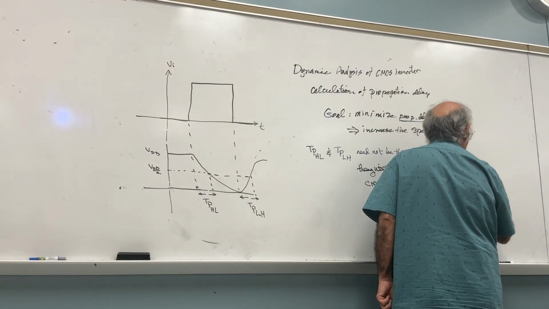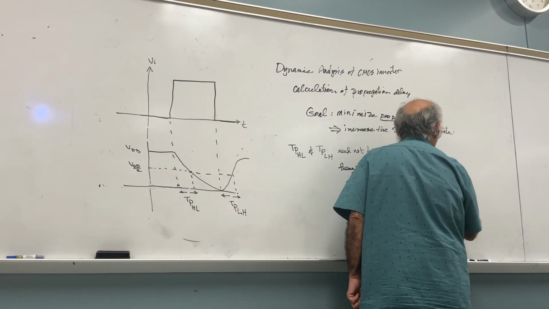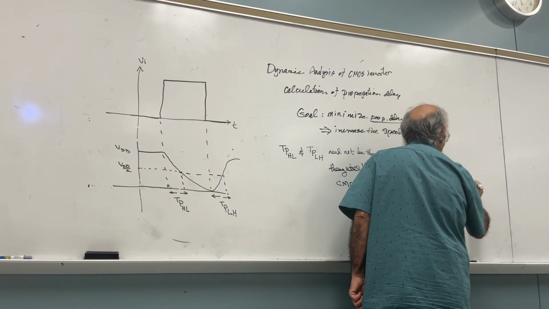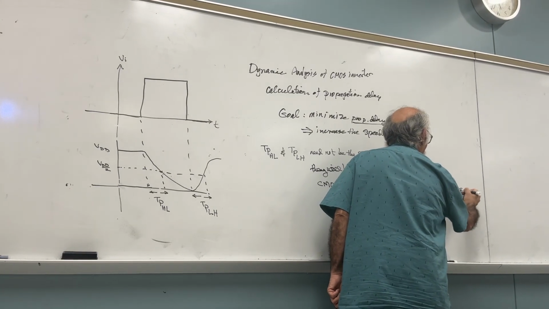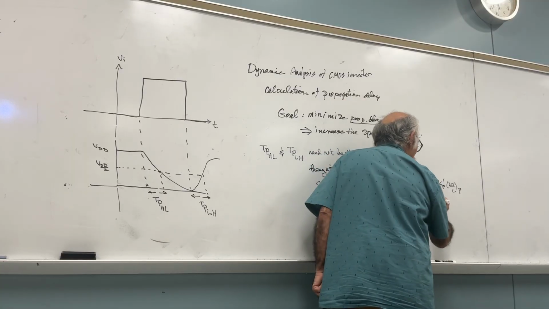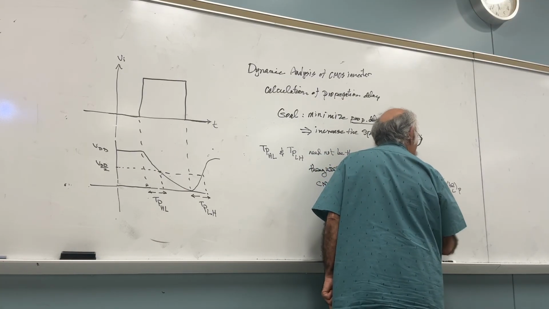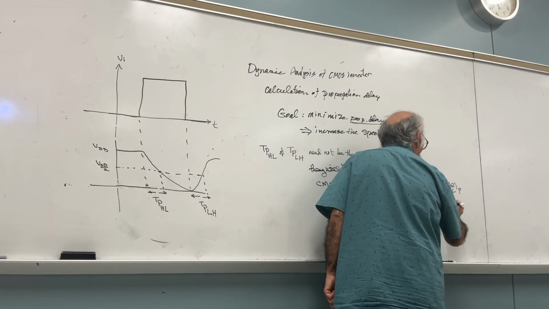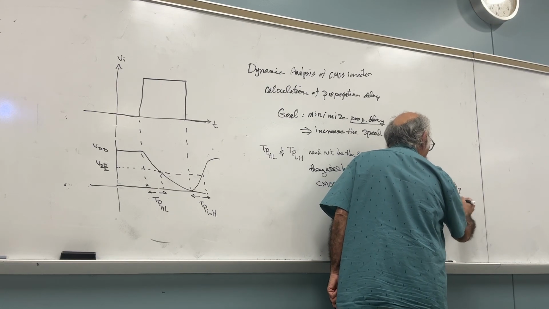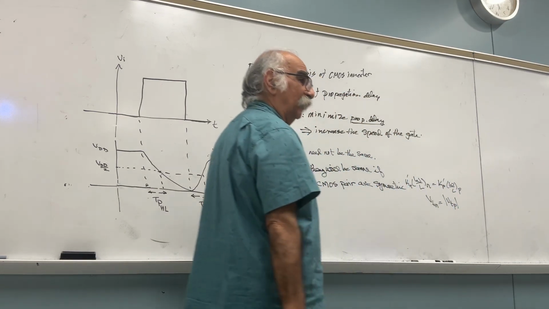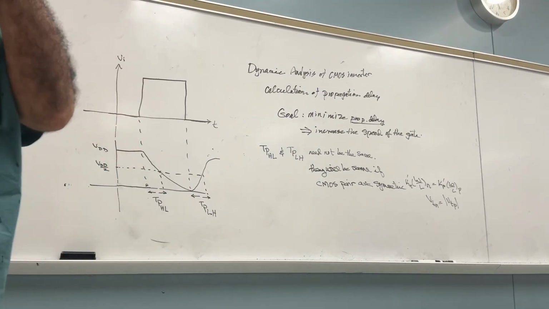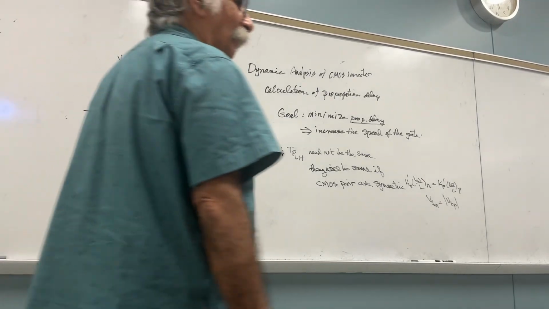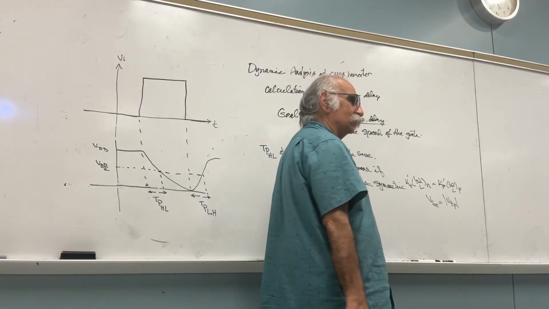W over L of N, K N prime, is equal to that of P. And VTN is equal to the absolute value of VTP. Remember, VTP is negative, so when you take the absolute value, it becomes positive. Clear? Any questions so far?